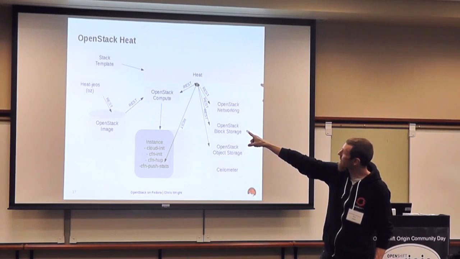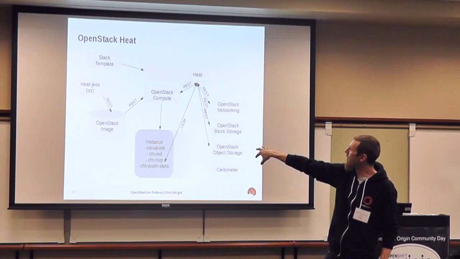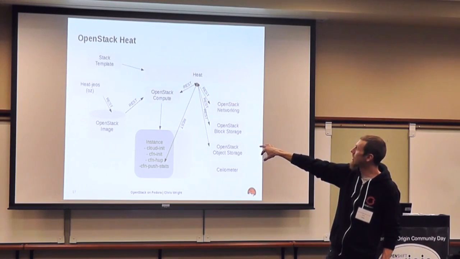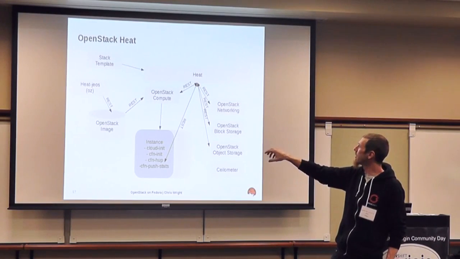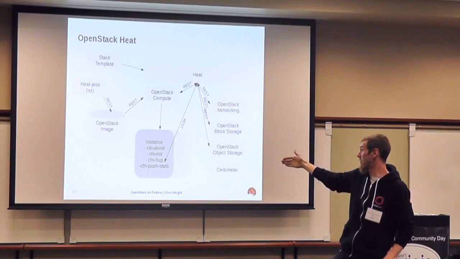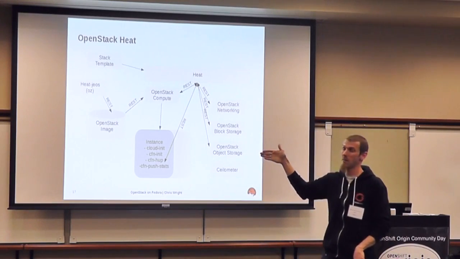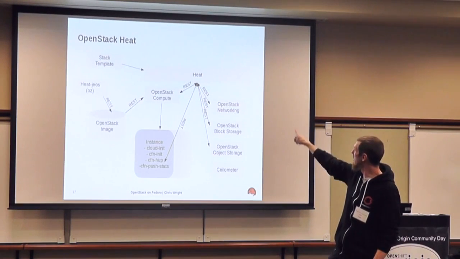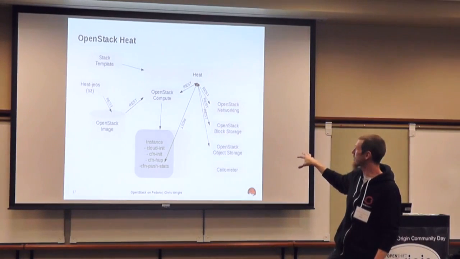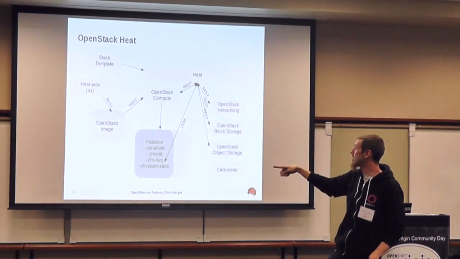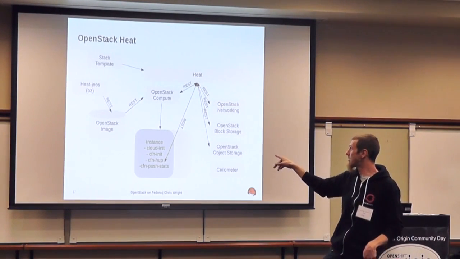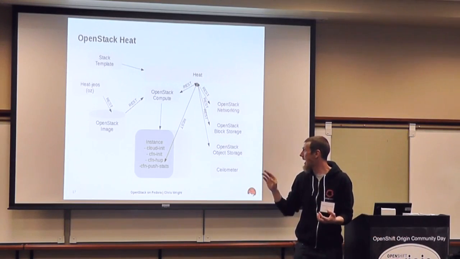On the far left side, you can pre-populate the images with an image builder that's going to place some Heat agents inside an image. And then this is Heat talking to all the different services as the image is booting up, and you can see these CFN tools: init, hup, push stacks.